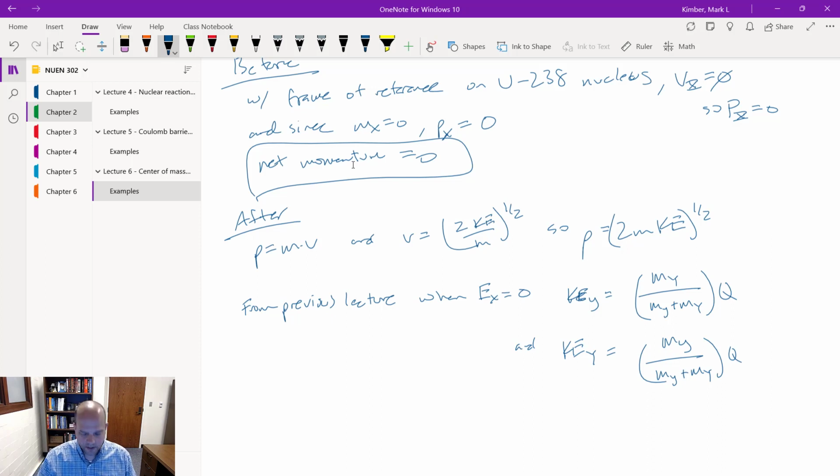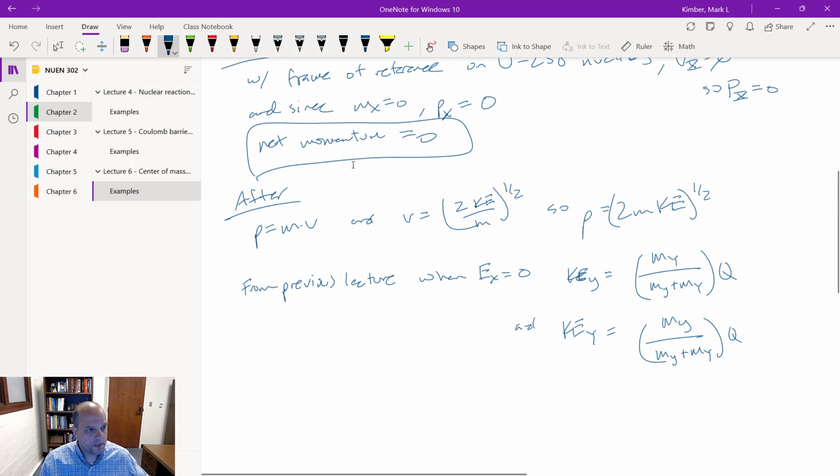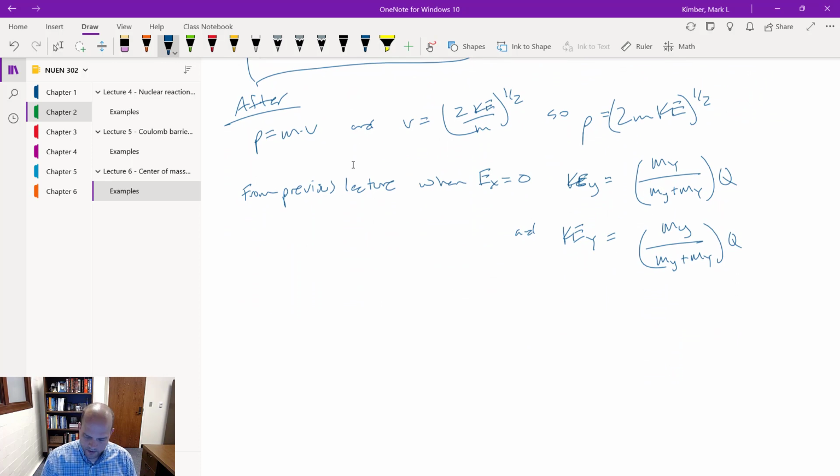That's my kinetic energy. My momentum is going to be the square root of 2 times the mass times the kinetic energy. So my momentum of the heavy particle on the product side of the reaction is going to be 2 times the mass of that particle multiplied by the kinetic energy, which we just solved an expression for.